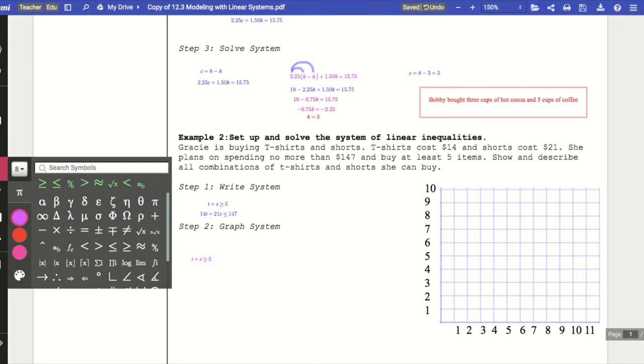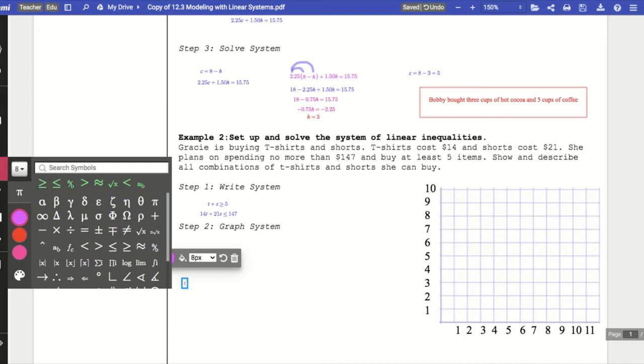If I find the T intercept, I'm plugging in 0 for S, and I'm going to have T is bigger than or equal to 5. So the t-intercept is going to be 0, 5.